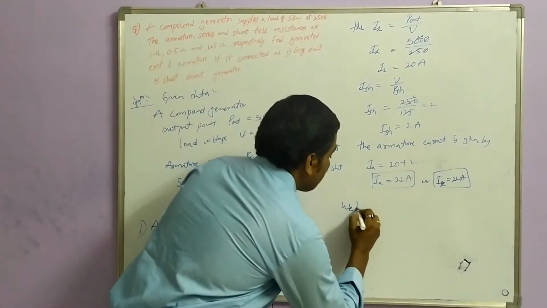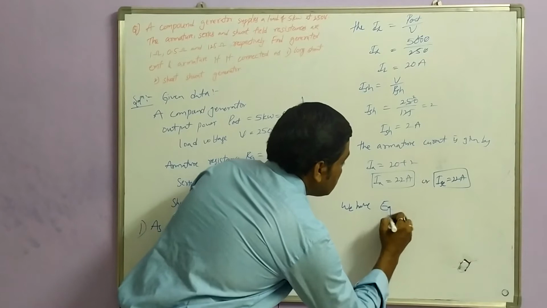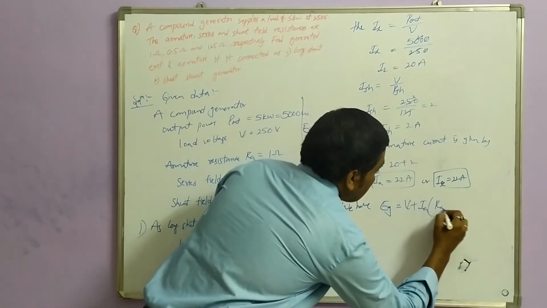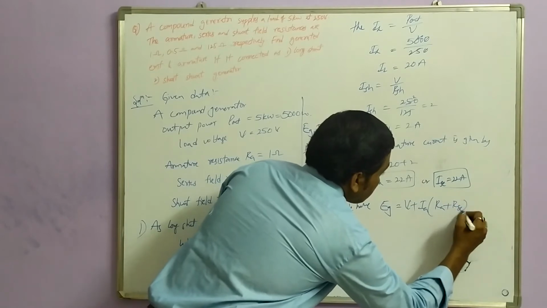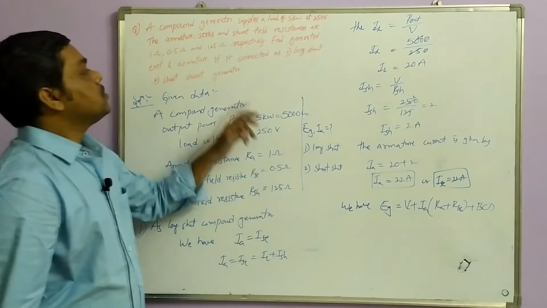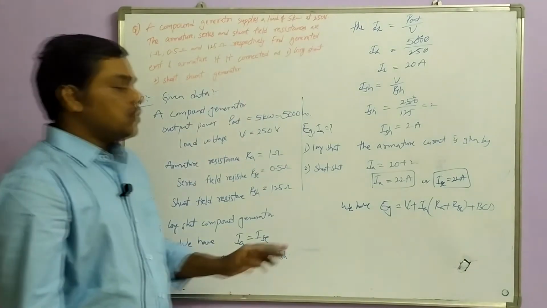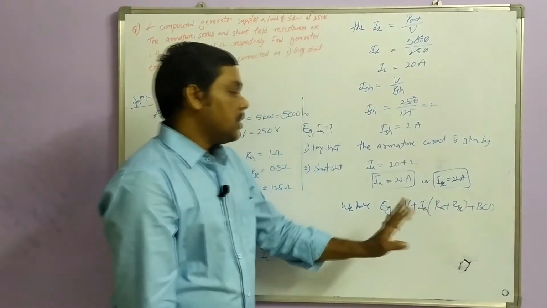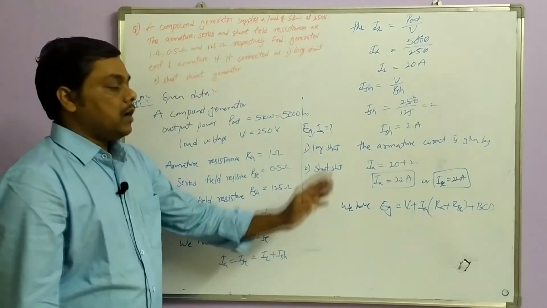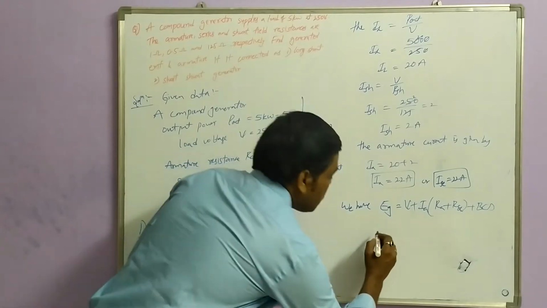We have EG is equal to V plus IA into RA plus RSC plus brush contact drop. The brush contact drop is not given, so we can simply neglect it, and RA and RSC are given, so we can substitute them and calculate the generated EMF.